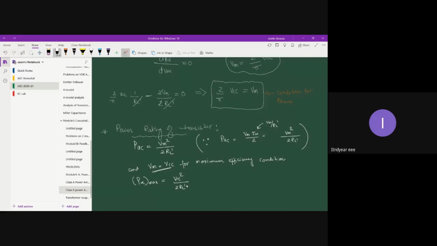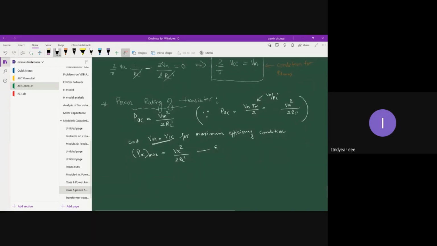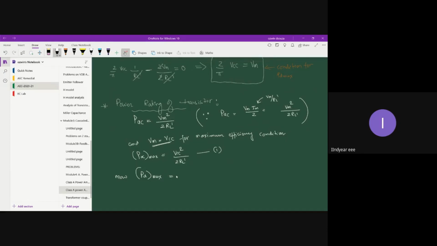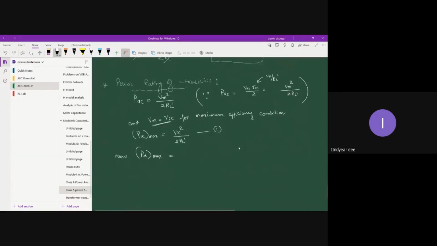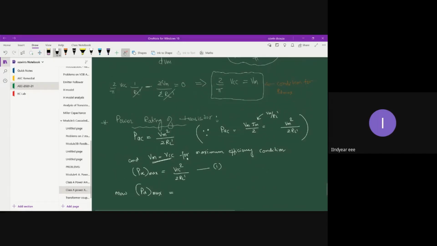Okay. Now let's take up PD maximum. So what is PD maximum? For PD maximum, you can substitute this particular expression.